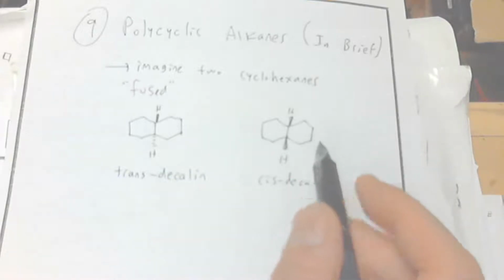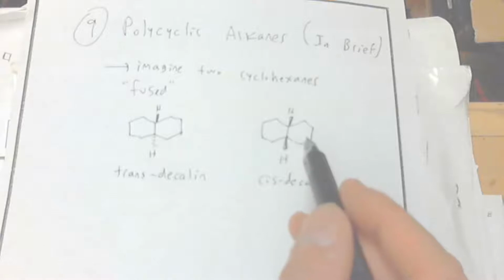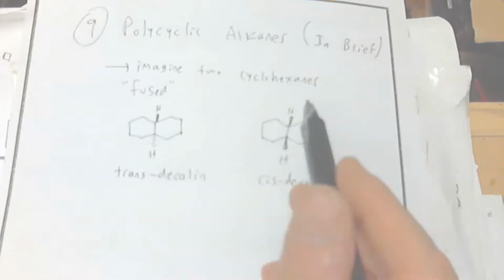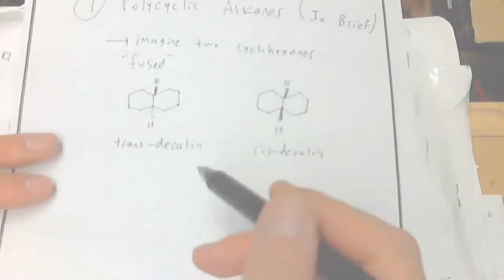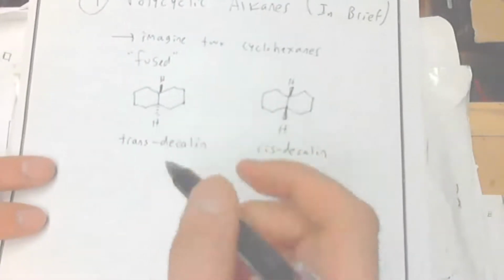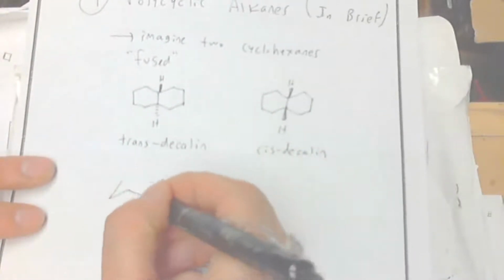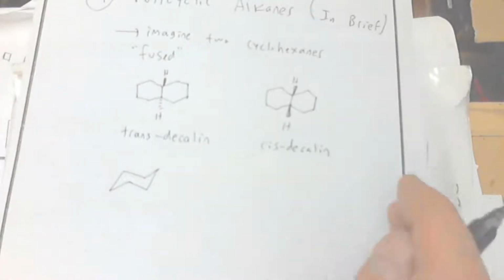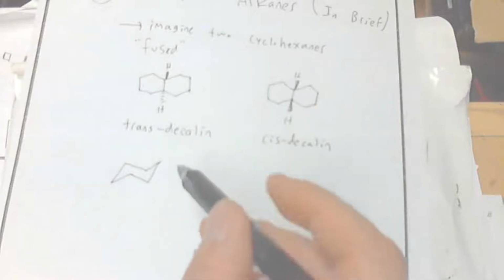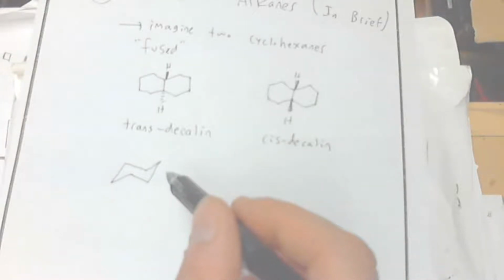Now let's try drawing these in 3-dimensional form, okay? The left one's really easy because now you guys are experts at drawing chairs, right? To draw the left one, start with a chair, practice your chair. You can draw it bigger. I'm a little limited on space, so I draw it small.